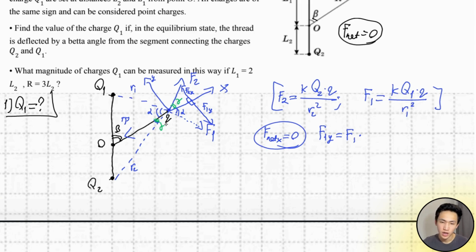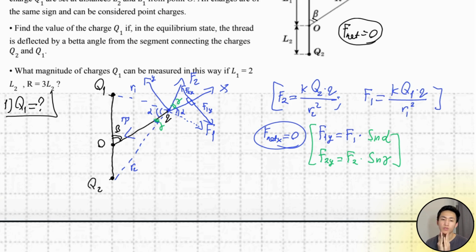So F1y, the y component of the F1 force, we can find by multiplying F1 by sine alpha. It's the same scenario for F2 multiplied by sine gamma. We have defined the components of the forces. The question is, we don't know the gamma and alpha angles.